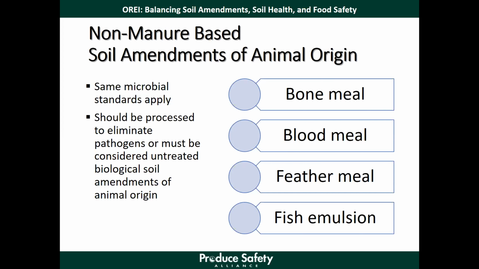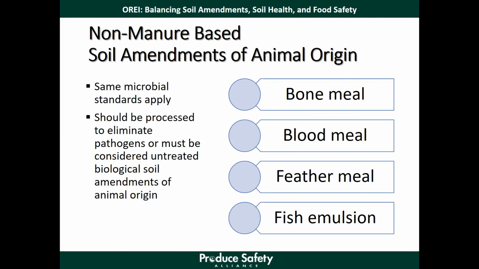The same microbial standards that I discussed in the previous slides would still apply to these soil amendments. Essentially, the requirement is that the soil amendment meet one of those standards that was established in the rule. And if they don't meet one of those standards, then it would be considered an untreated soil amendment, so in the same category as raw manure.